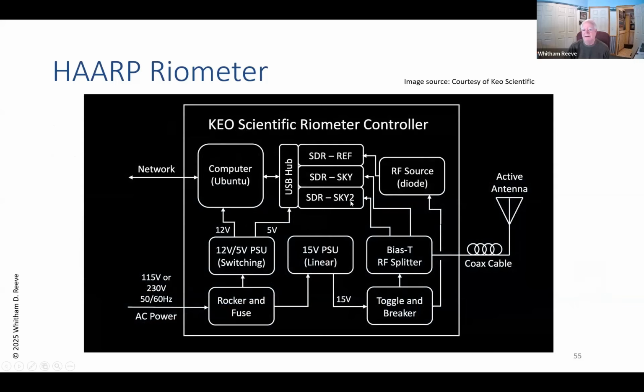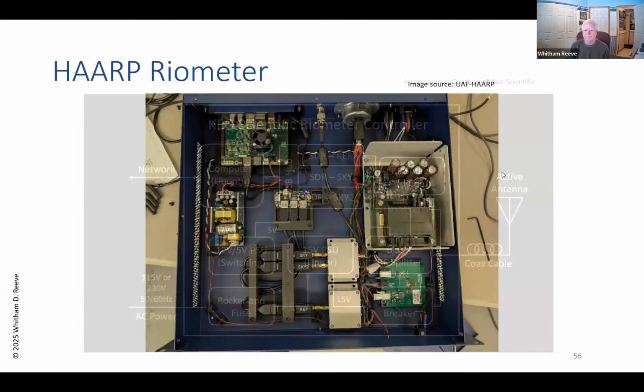You have a channel 1 and channel 2 sky receivers, and then you have a reference receiver that's hooked to a noise source. And that's used for comparison. And that's one of the things that helps improve the stability of this device. And you've got your power supplies and your coupling devices to get you out to the antenna, and then the antenna itself, which is an active antenna.